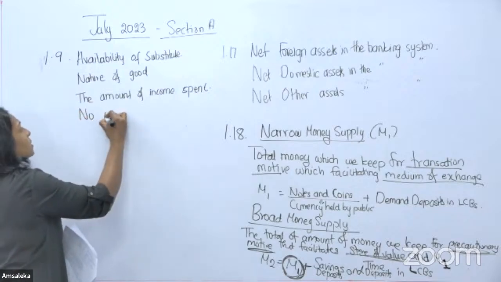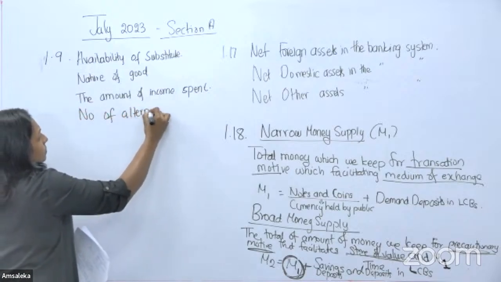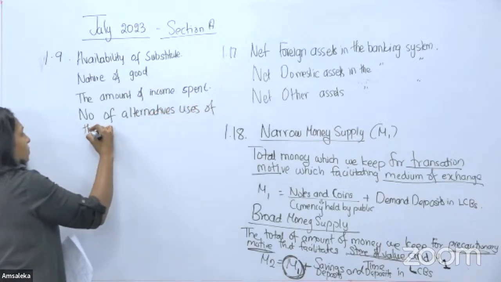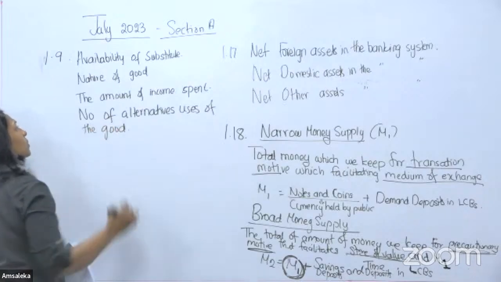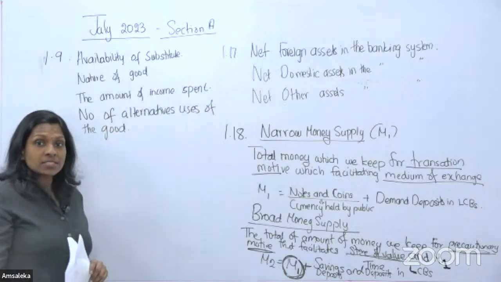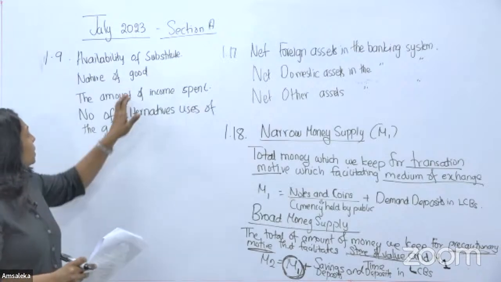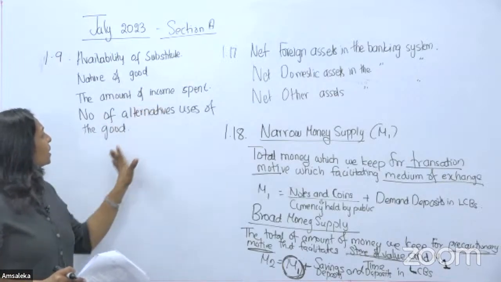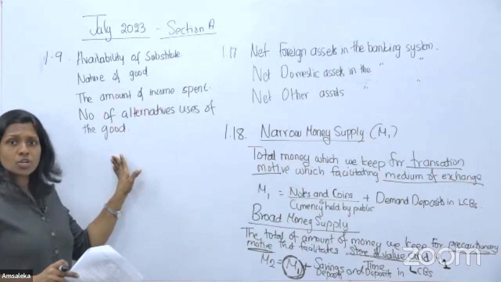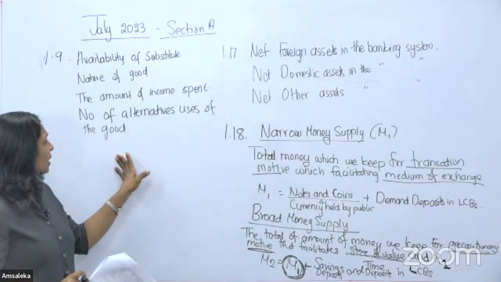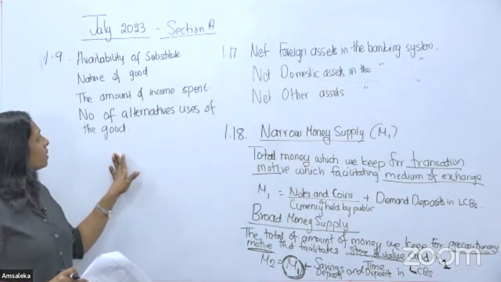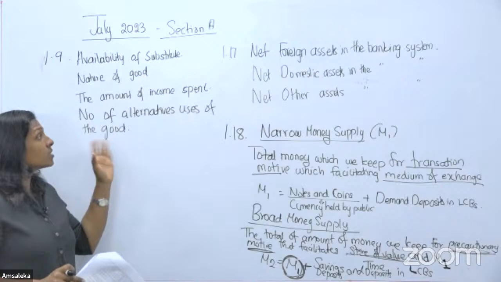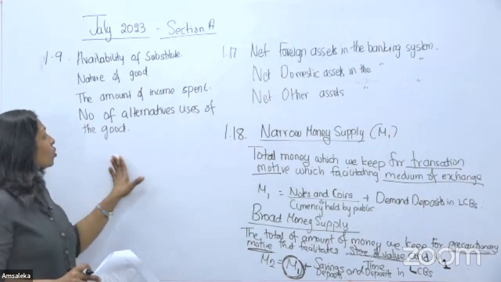Number of alternatives, uses of the good. Accordingly, the price elasticity of demand will be determined. So availability of substitutes, nature of the good, the amount of income spent, the number of alternative uses of the good. I explained carefully. If you go back to my note and read it, you can understand how price elasticity of demand comes greater than 1, less than 1. I gave the note, please go through.